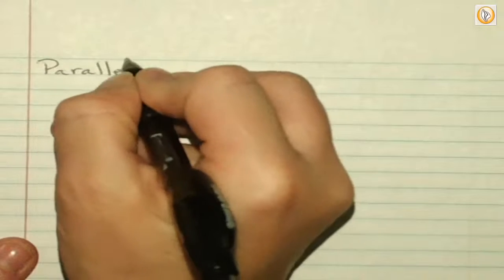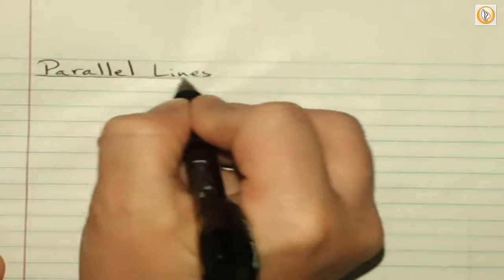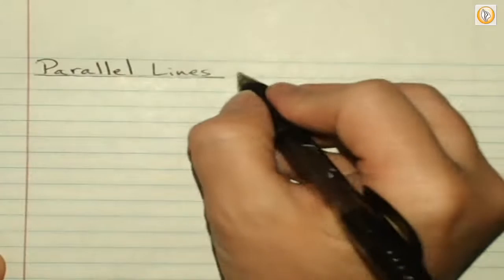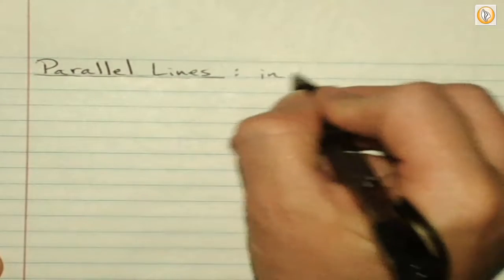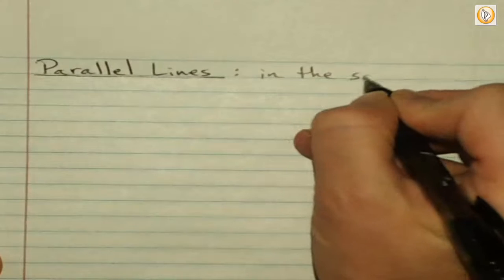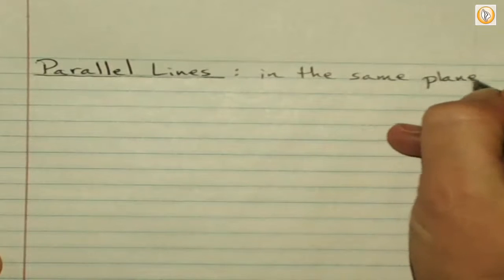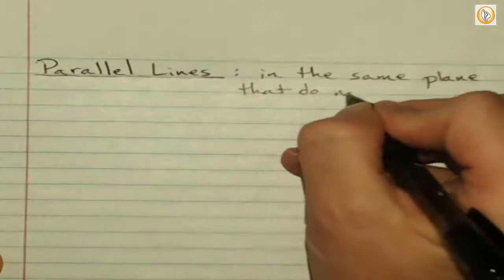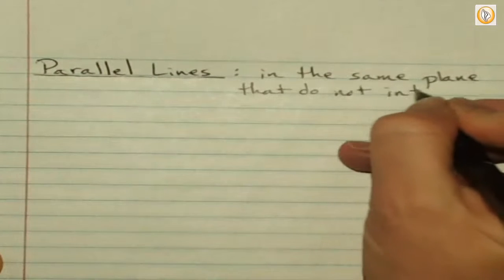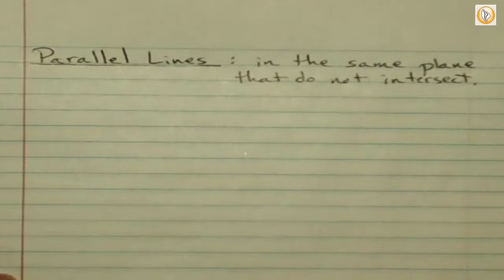Parallel lines. They're lines that are in the same plane that do not intersect. They do not intersect.